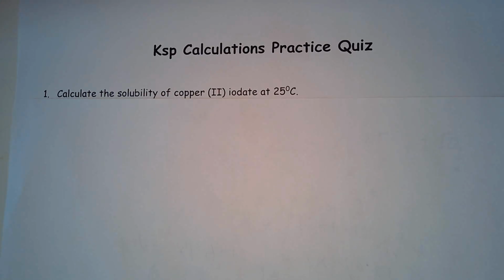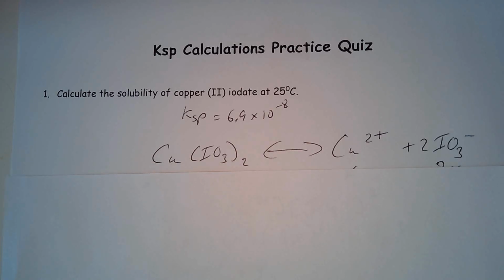All right, so first question here: calculate the solubility of copper(II) iodate at 25 degrees. So that matches with the table. There's the KSP value, so you can find that in the table. And there's your saturated system, right?